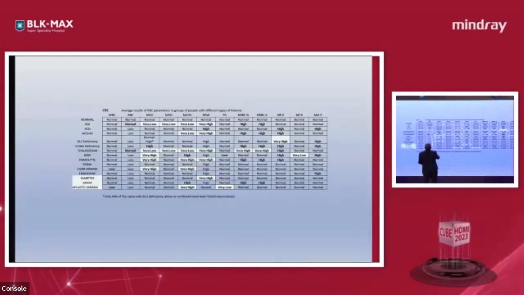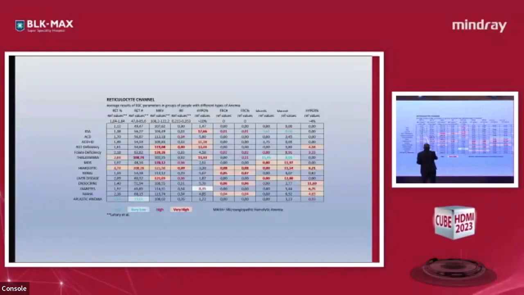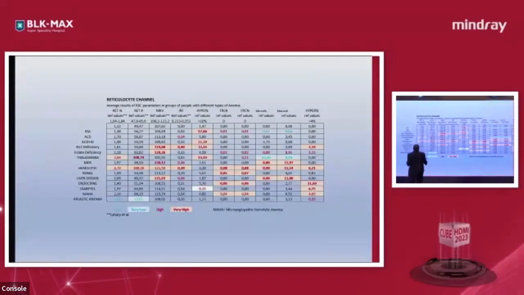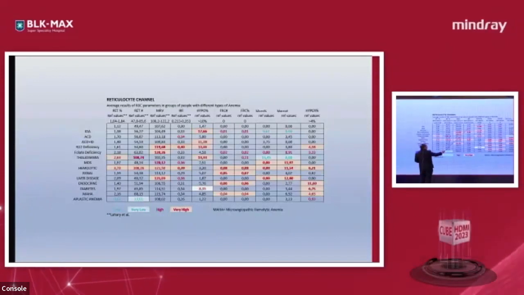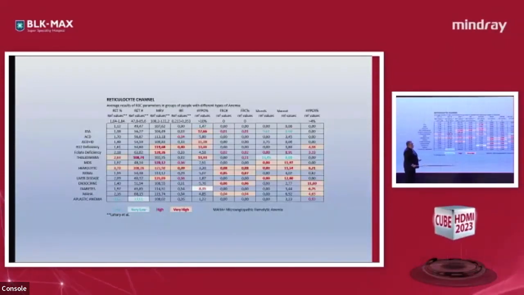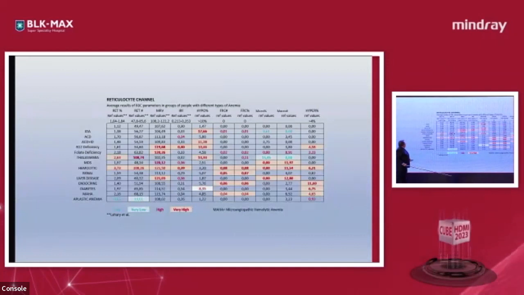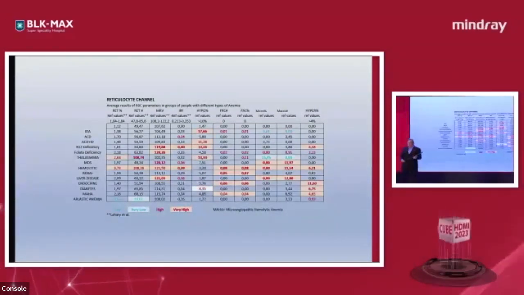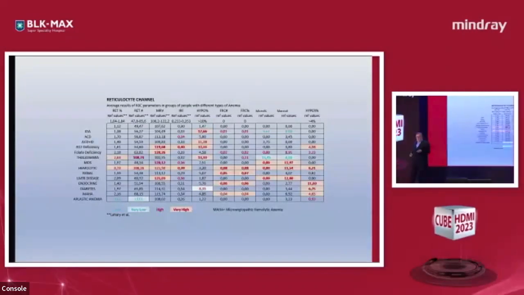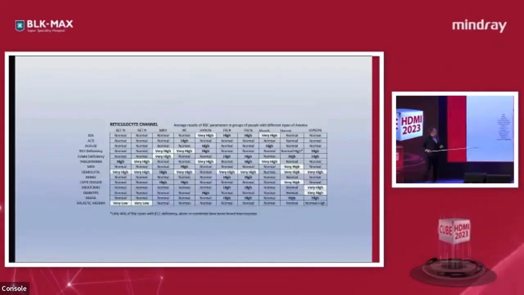Using the reticulocyte parameters, in anemia of chronic disease we only see a high IRF. That's all. The retic percentage is normal, but this is useful. This is called inefficient erythropoiesis. The only thing that is useful.